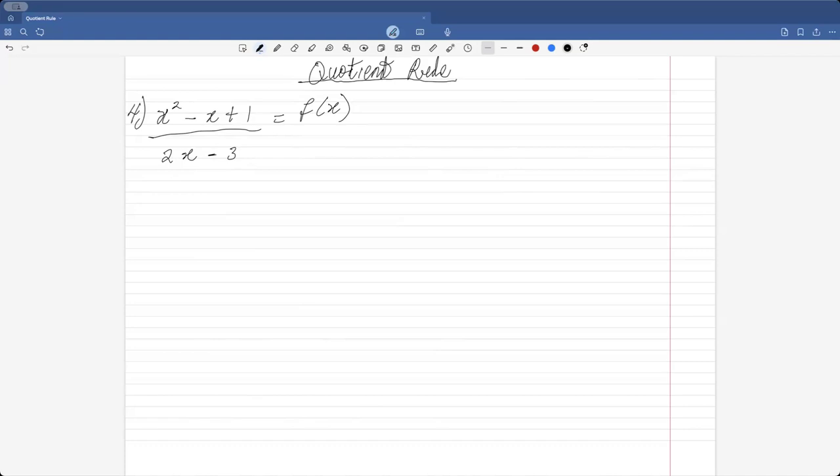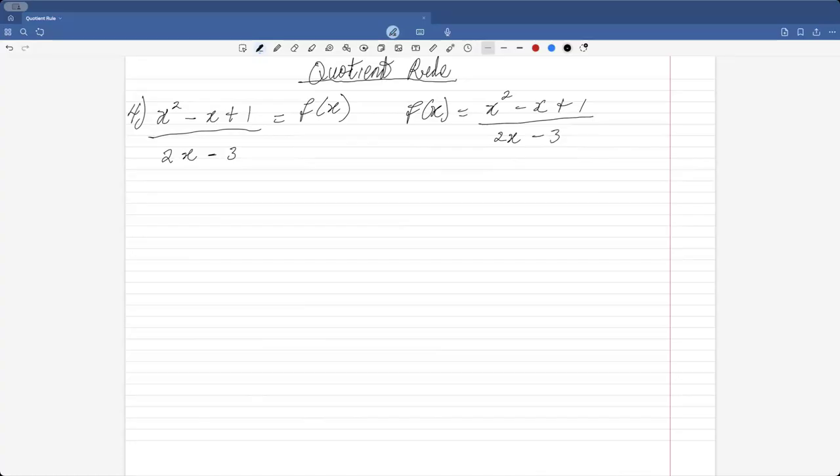Now, in this case, how can we solve this question? Remember, don't be confused. It's still the same thing as f(x) equals x squared minus x plus 1 over 2x minus 3. They're still the same thing. So how can we solve this question?